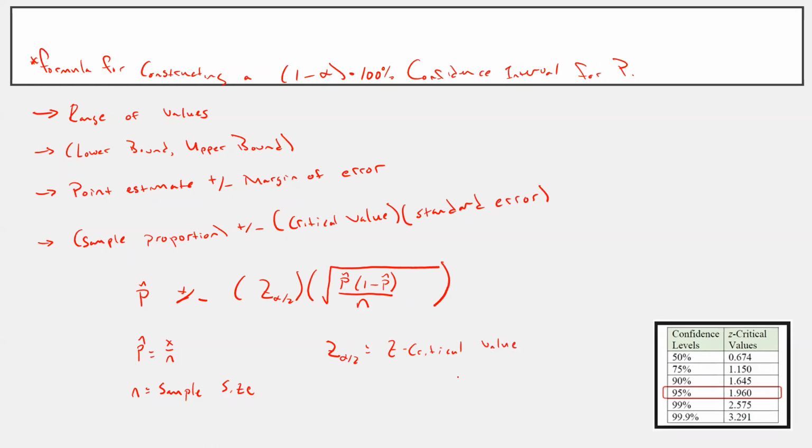Okay. And where did these z critical values come from? Right here. These are common z critical values. So for example, if I want a 95% confidence interval, just go look on the chart here. What would the z critical value be? Just by quickly looking at it, what do you think it would be?